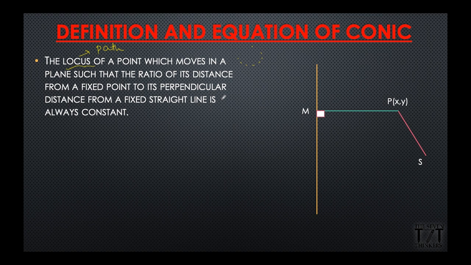So actually, the definition of a conic in general is that the ratio of its distance from a fixed point, that is SP, to its perpendicular distance from a fixed straight line, that is PM, is always constant.